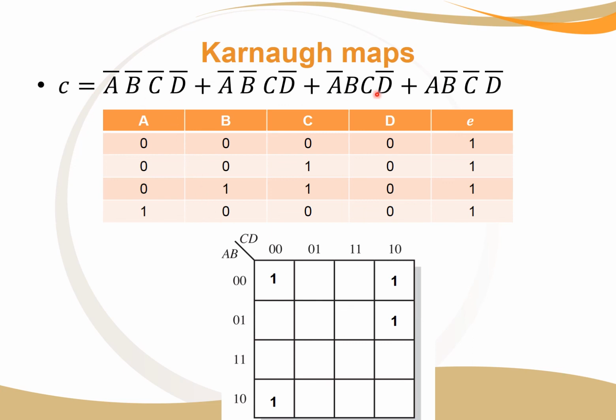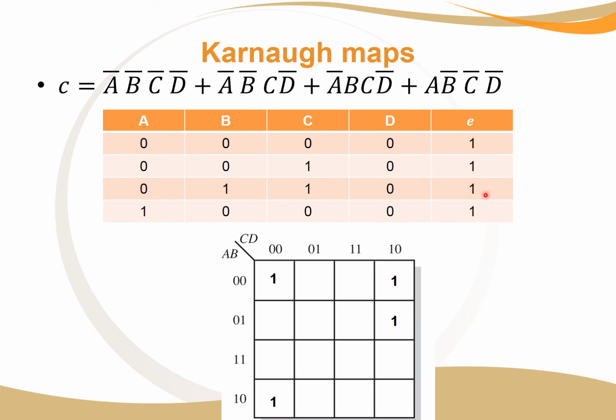This is the equation from the truth table. So whenever there's a 1, you write down the equation. So there's a 1, and this is 0, 0, 0, so it's A naught, B naught, C naught, D naught. And then, or, the next condition, A naught, B naught, C, and D naught, which is that.